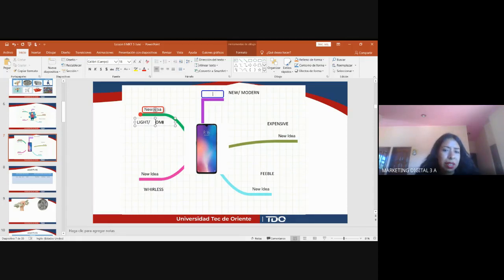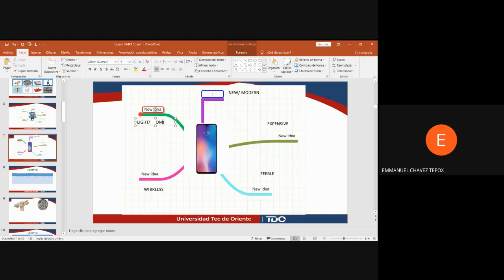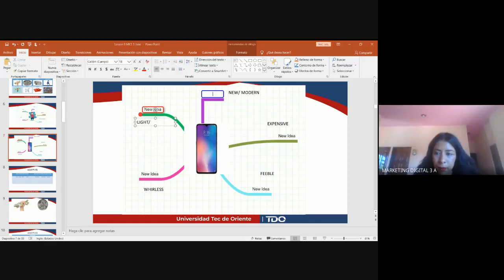I think it's going to be easier. I could check it. Long. Largo. I don't think it's long, but it's okay. Maybe longer than other smartphones.